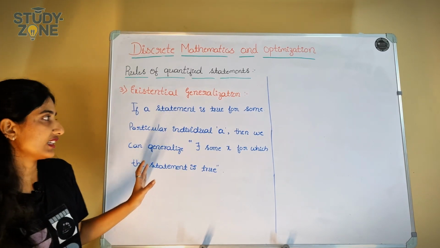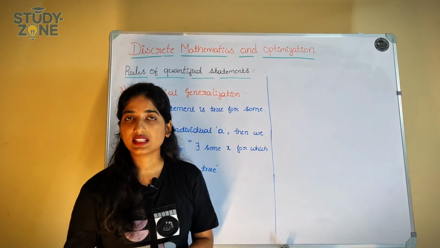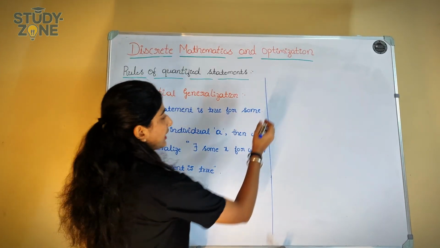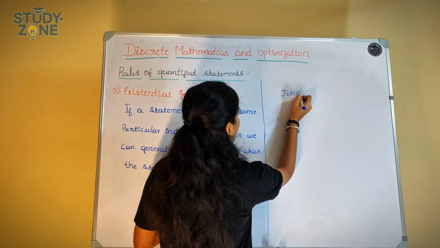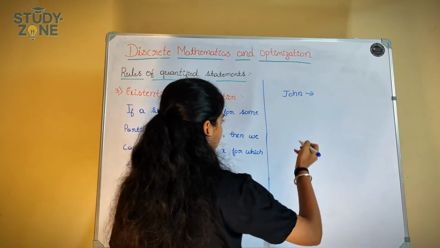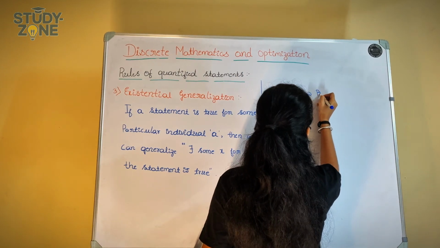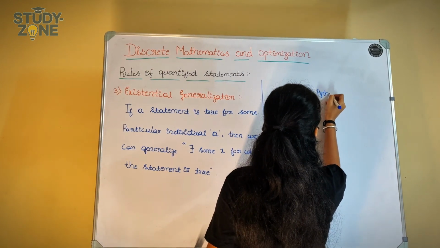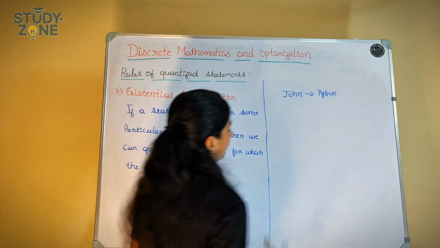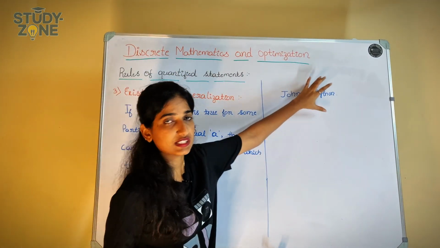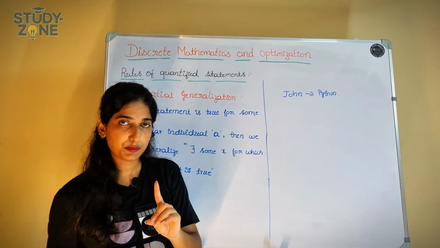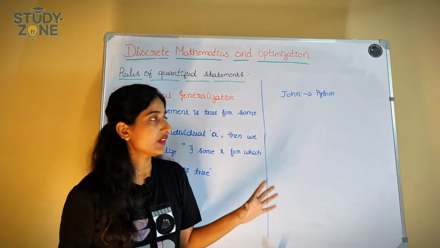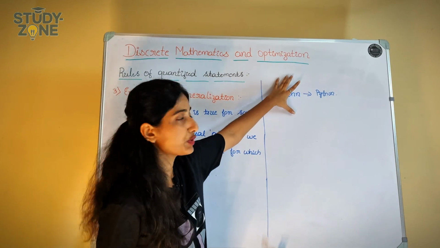So we can take an example so that you can understand it easily. Suppose there is one person named John. John knows about Python programming completely. So we can say that there exists at least one person who knows Python. We are not telling John knows Python here.